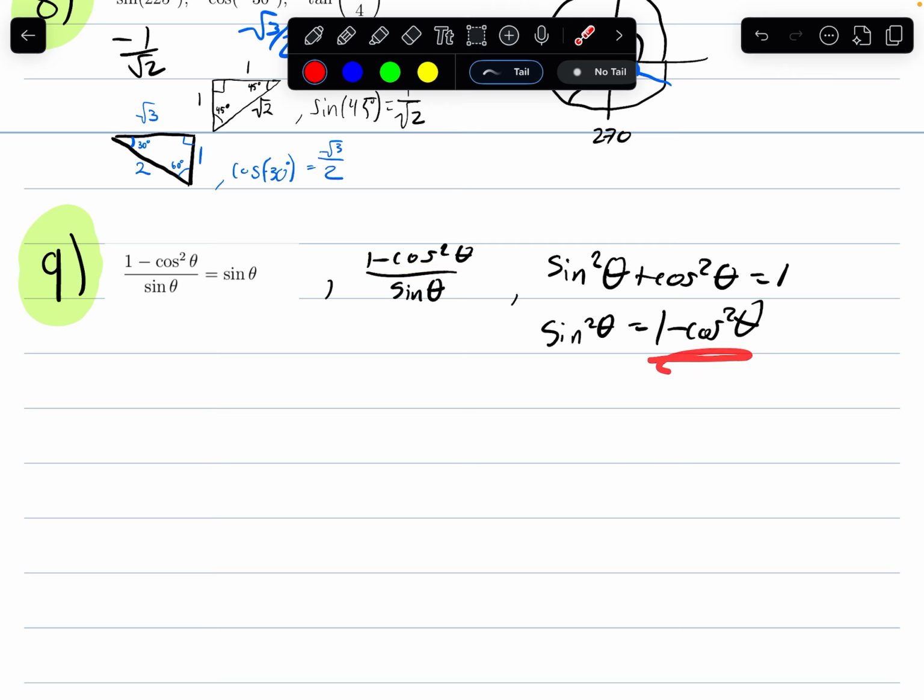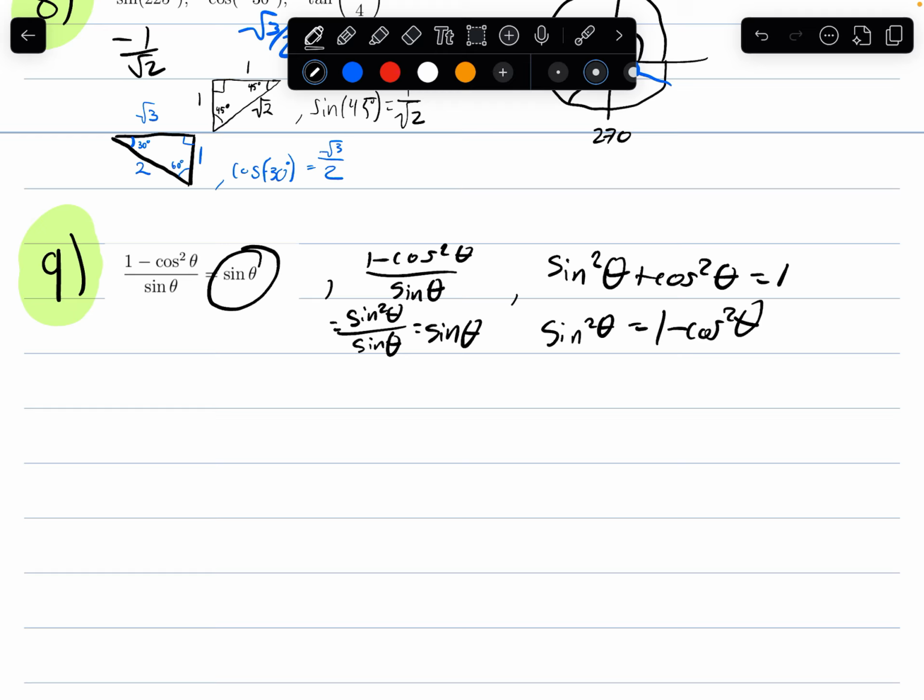So we can replace this with sine squared, and we'll get that this is equal to sine squared theta over sine theta. Well, the sine over sine cancel, and we just get sine theta. But look at that. That's exactly what we're looking for. So we're all done. And like mathematicians do, we put our little square and fill it in. So we just showed that 1 minus cosine squared over sine is equal to sine. Great.